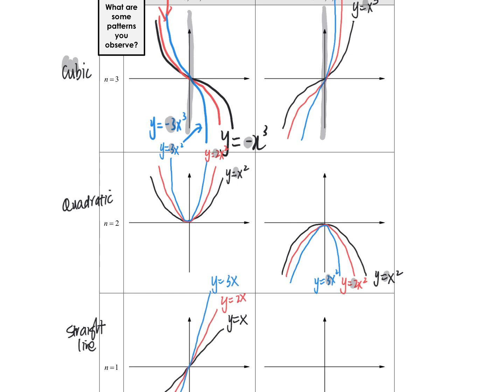Okay, and if it's a downward curve, y equals to minus x, y equals to minus 2x, and y equals to minus 3x. So the slope just gets steeper and steeper. So it's just showing you that the number in front actually affects the shape of your graph. That's all. Nothing much.